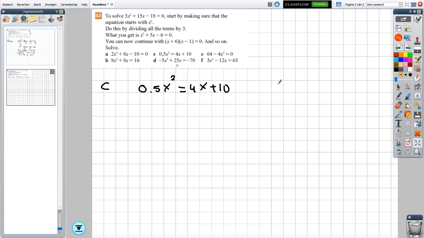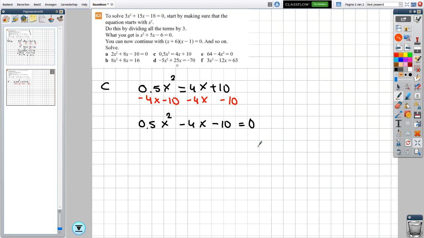You can do that in one go if you want to. Minus 4x minus 10. Then here also minus 4x and minus 10. Gives me a half x squared minus 4x minus 10 equals 0.